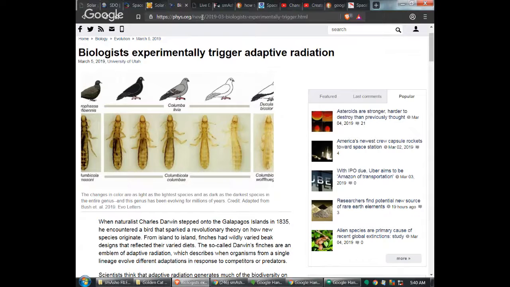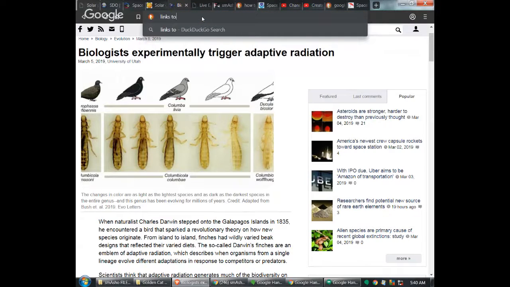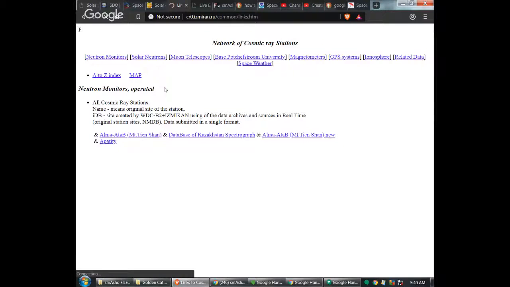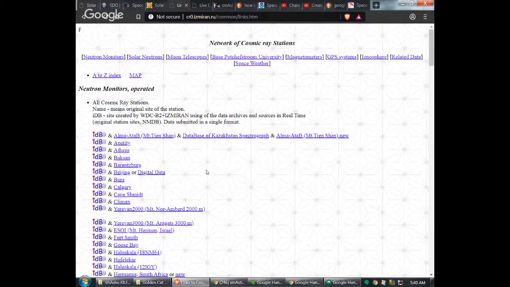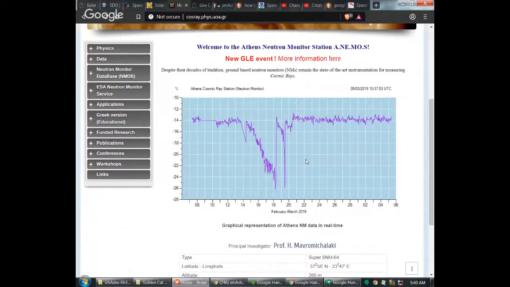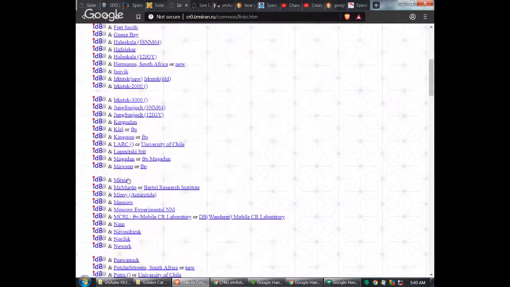Now, let's see if I can find this. To make it easy. Oh yeah, I found it right away. Nice. All right, so here's the page that we usually use to refer to our cosmic ray monitors. Just wanted to do a rundown of that real quick. Here's first, we got Athens. So there's a situation at Athens, neutron monitor there. Next, we'll look at Mexico City.